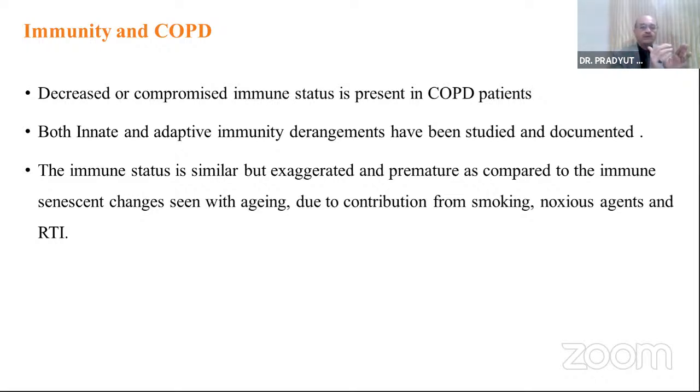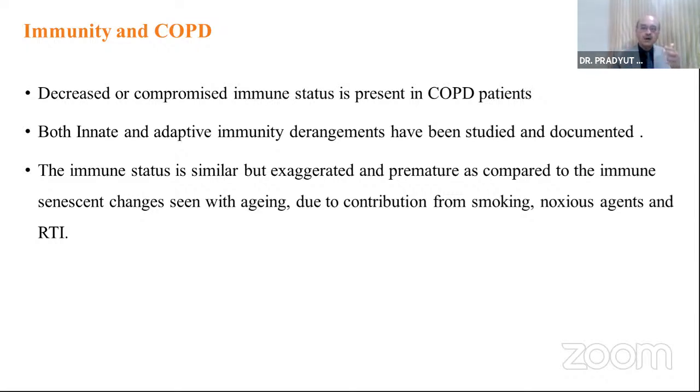But in COPD, this senescence of the immunity occurs much earlier in age, and it occurs in an exaggerated stage. This premature and exaggerated impaired immune system in COPD is due to the exposure to smoking, various noxious agents, and recurrent respiratory infections.